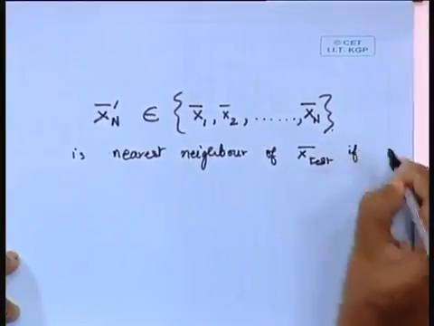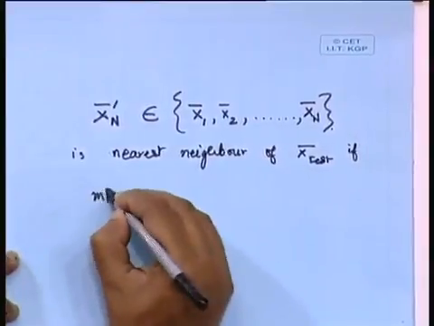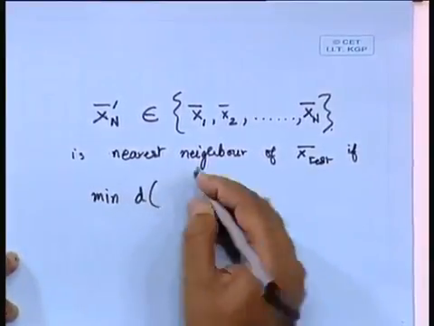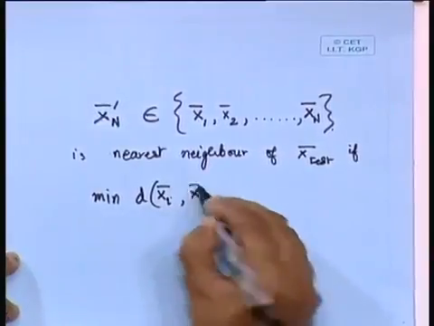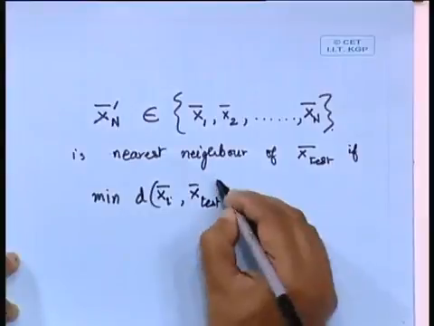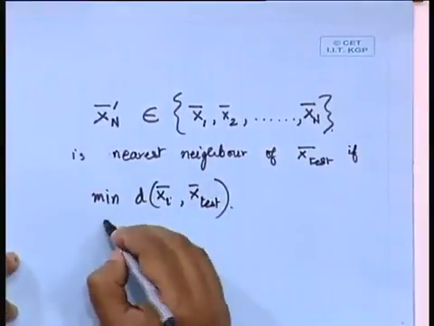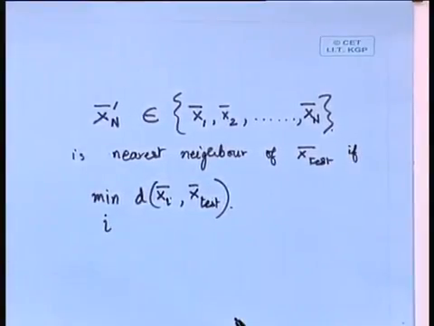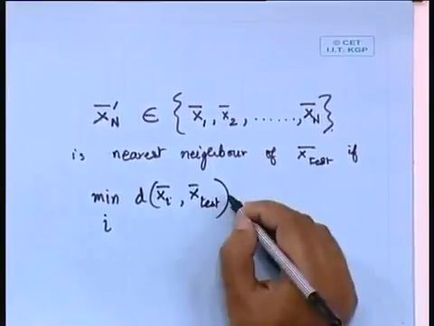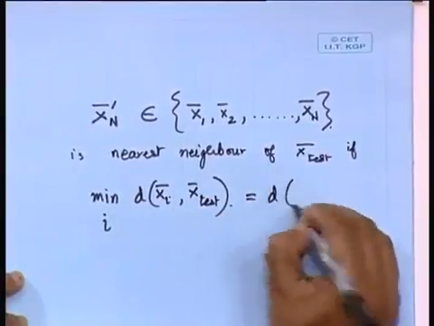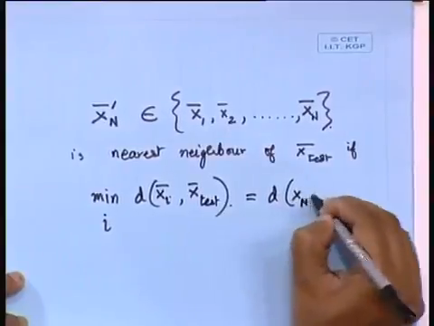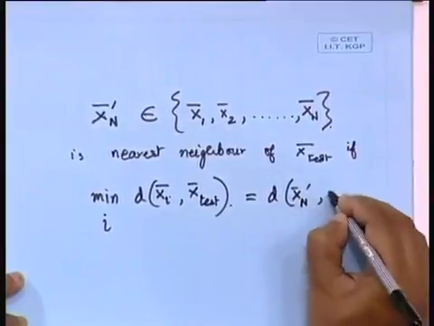if the minimum of the Euclidean distance between Xi and X test, and the minimum is searched over the i space, that is varying i from 1 to n, and this minimum of all these d's happens to be the d between Xn prime and X test.